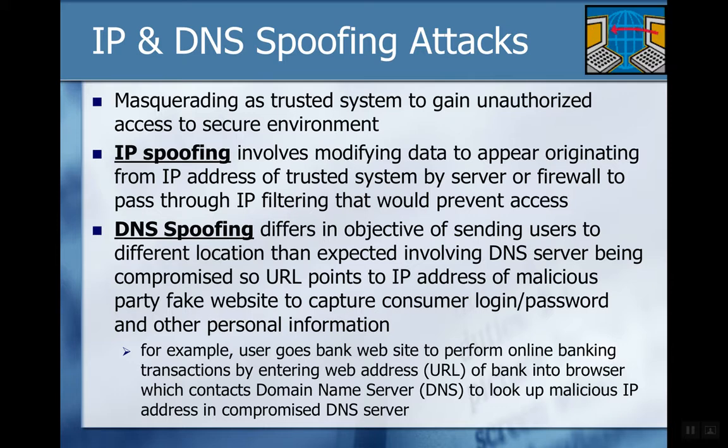DNS spoofing is where you use the DNS, because remember what DNS does: it translates a text address, www dot something in a URL, to an IP address. So the idea is you pretend to be the DNS server and simply redirect it. Instead of receiving the correct DNS address, the response gets intercepted and a new result is placed into it, which redirects the IP in a different direction.